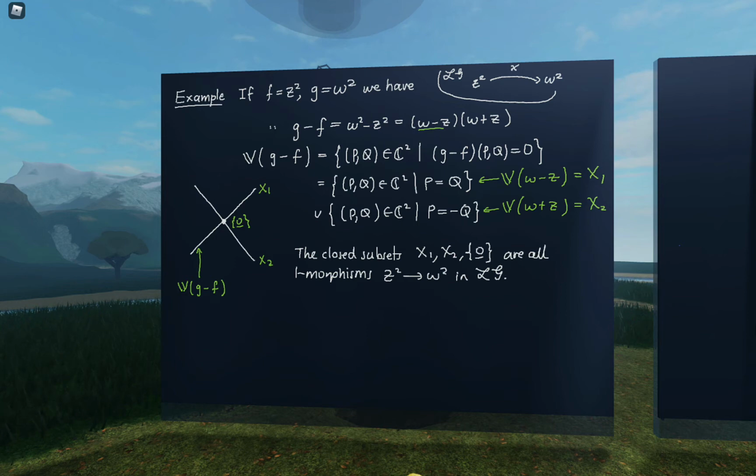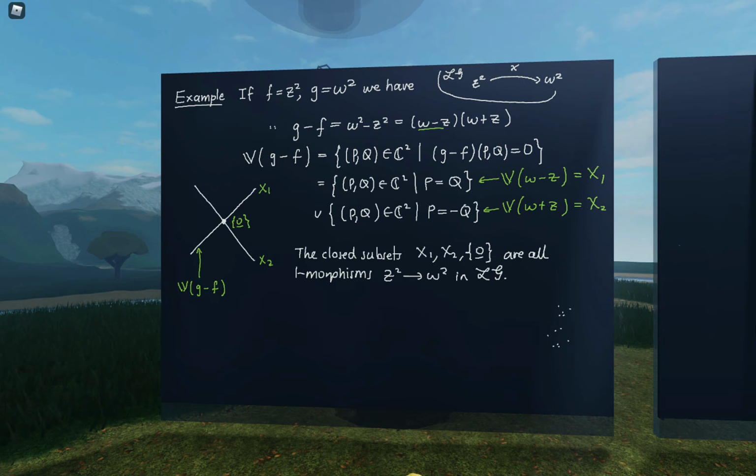Now, hopefully it's occurred to you that it would be very strange if z squared and w squared were really different objects of LG. They're the same polynomial, they just have a different variable. Surely those aren't different objects. Well, they are different objects in the same way that a star and a star with a hat are different sets, but they're bijective.